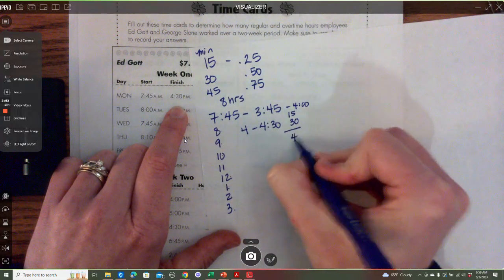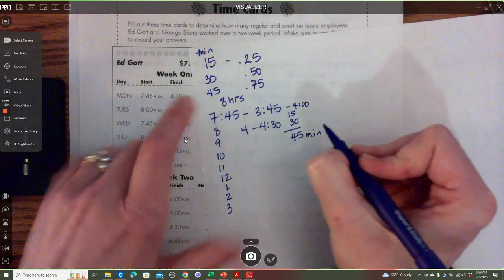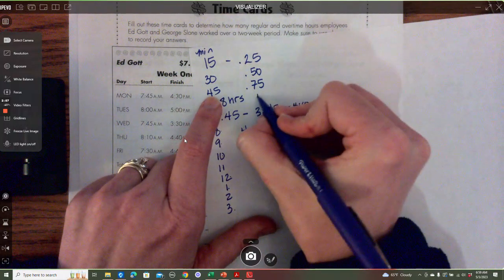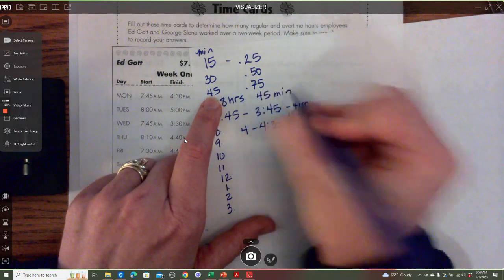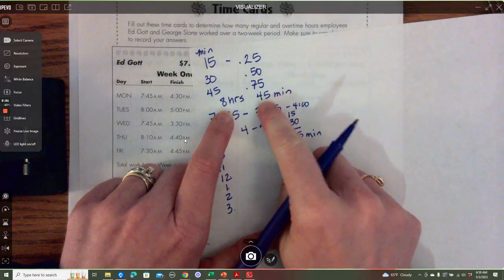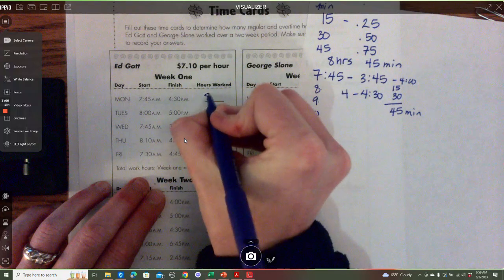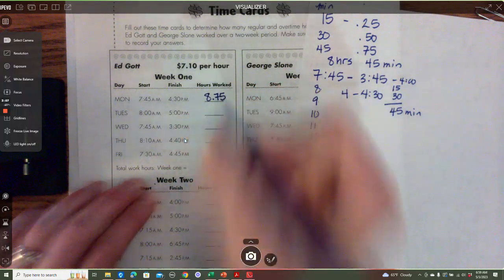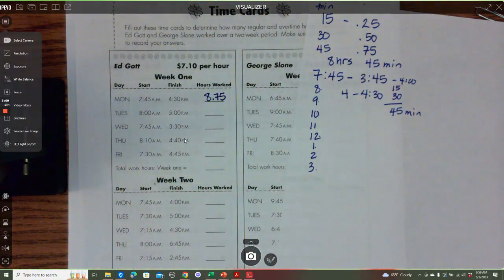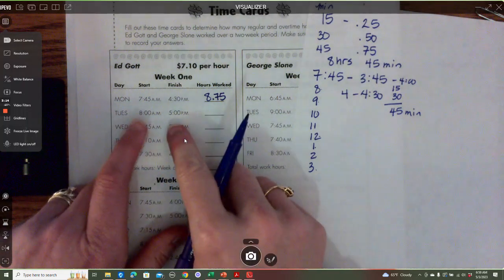So that's a total of 45 minutes. Now that's where this comes in. I want to write 45 minutes as a decimal, in terms of hours, so I write this down as 8.75.